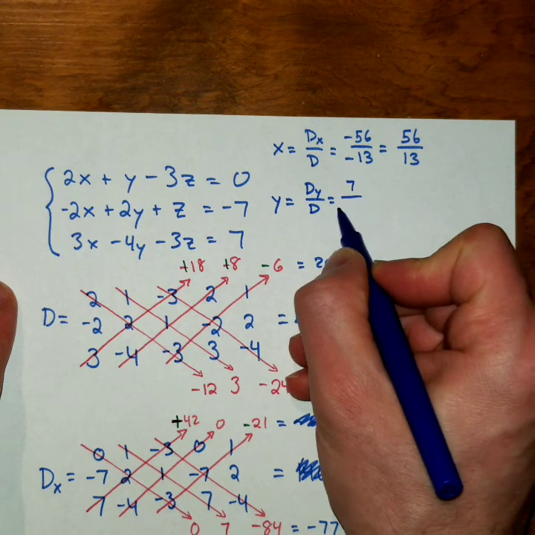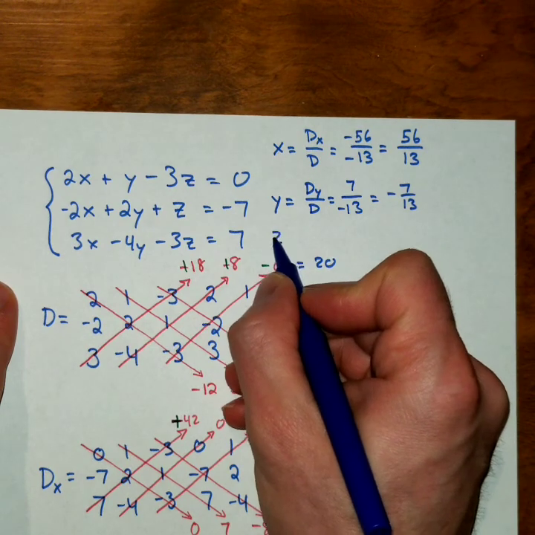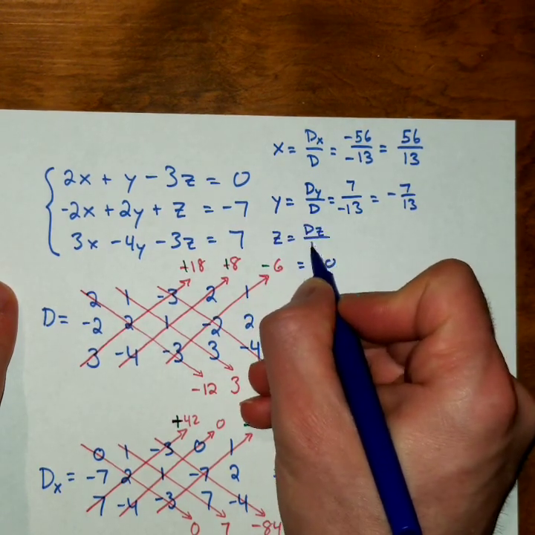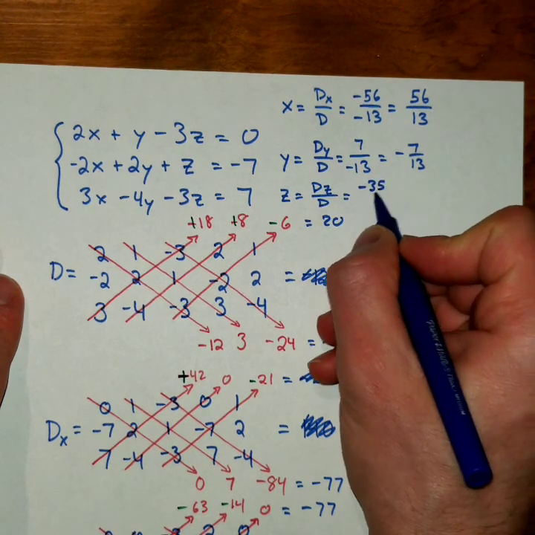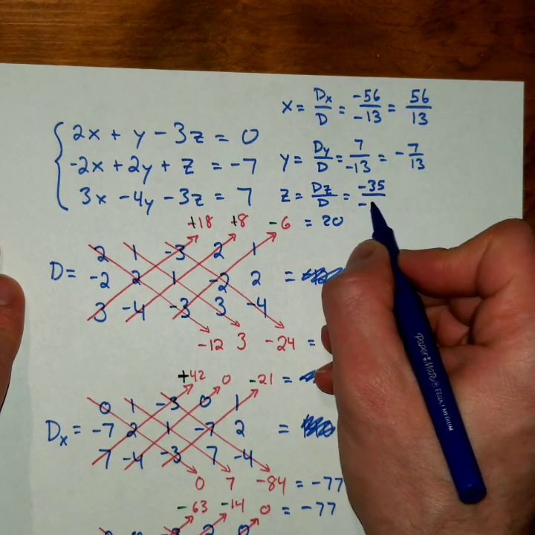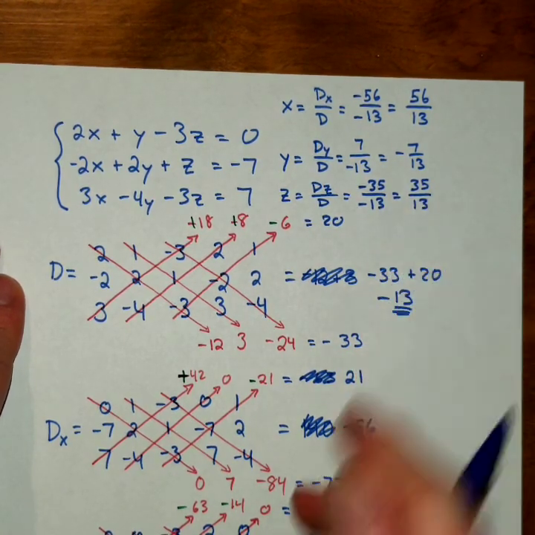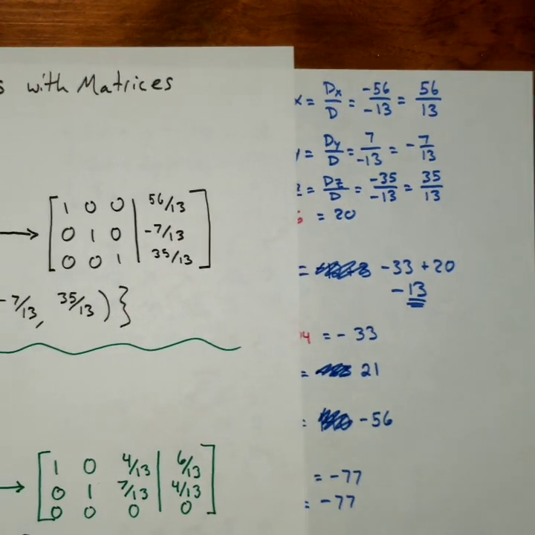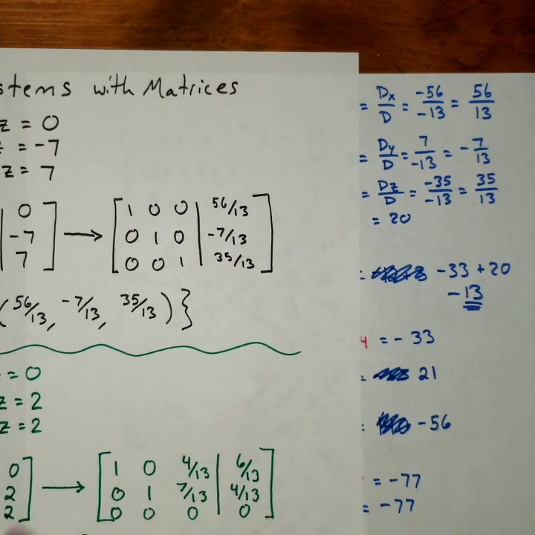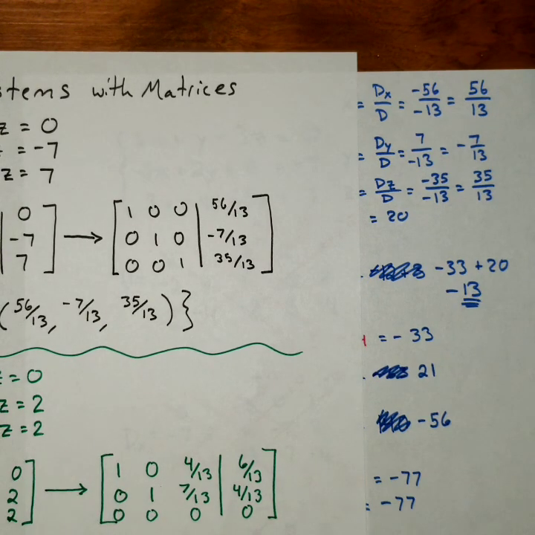So we get 7 over negative 13, or negative 7/13. And finally, the z value is d sub z over d. We found d sub z to be negative 35. And when I divide that by the d, which is negative 13, I get a positive 35 over 13. Now that should, in theory, look like the answers we got doing this the other methods. 56/13, negative 7/13, and 35/13, all of which look good.